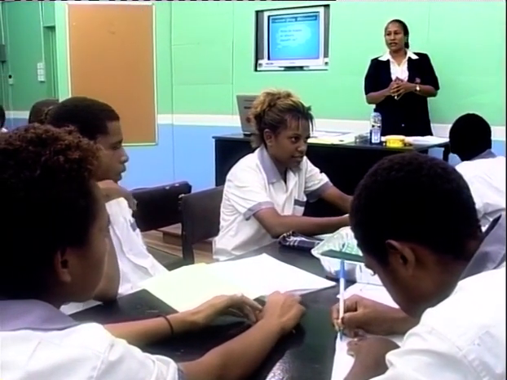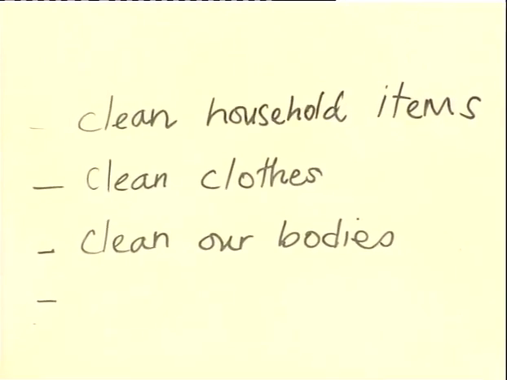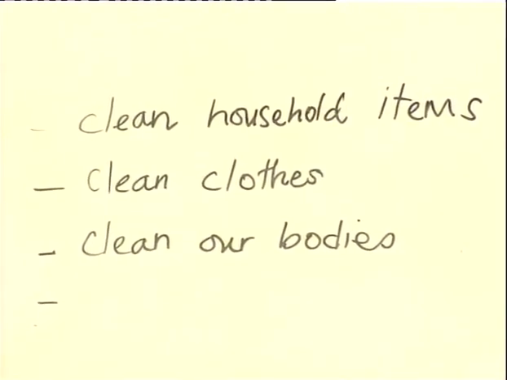Then receiving students, I hope you have the same answers as the model class. We will leave those answers as they are and move on to our activity for today. Now, we will have Estelle go through the materials that we need for today's lesson.